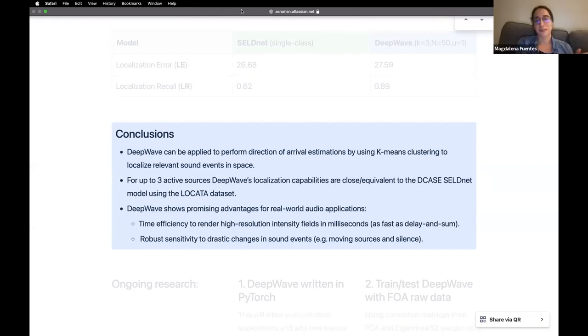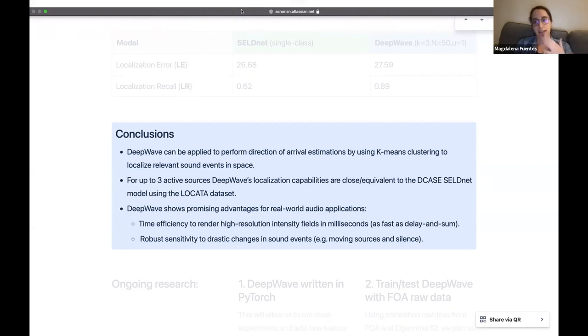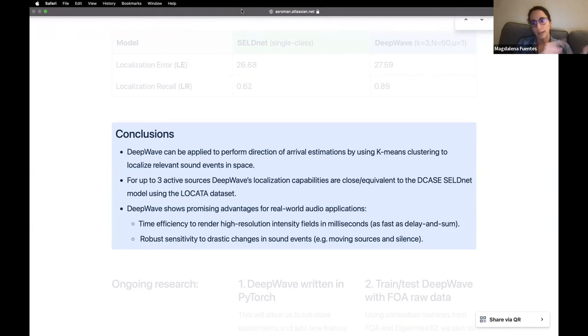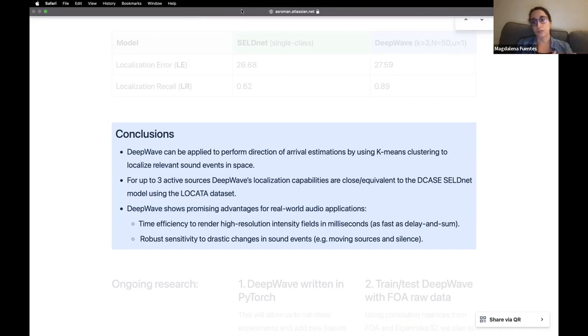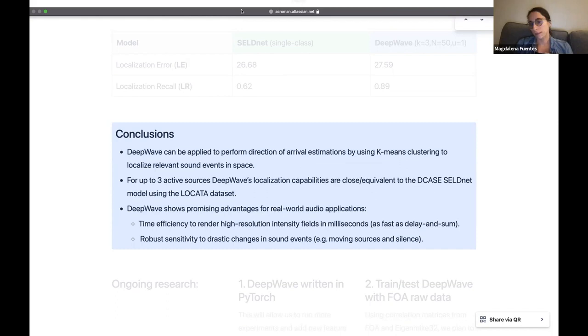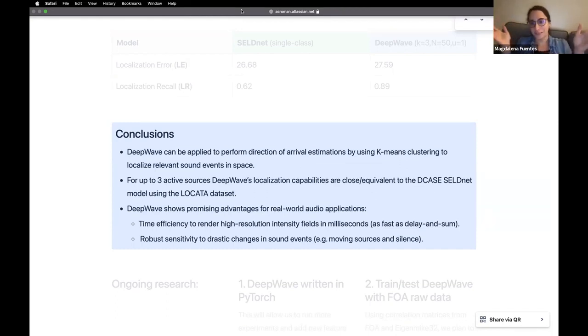Yeah, I'd be curious to see how much that is introducing error in the labels that you're giving to DeepWave to learn. Maybe if you introduce a small k-means or something that directly uses the annotations from the dataset, you might get a boost or not. I'm just curious. Makes sense. Very nice, thank you.